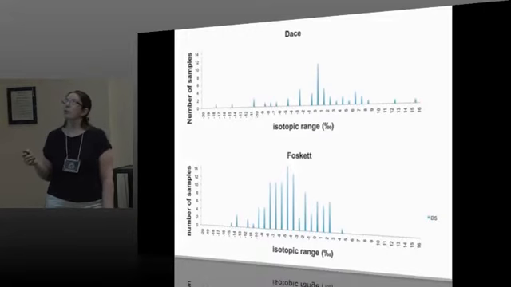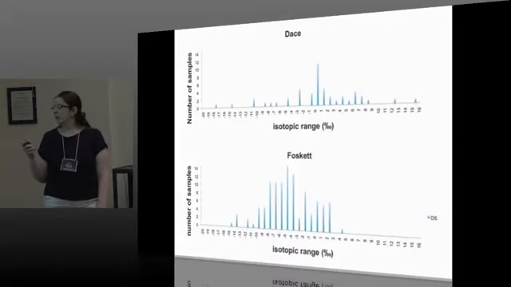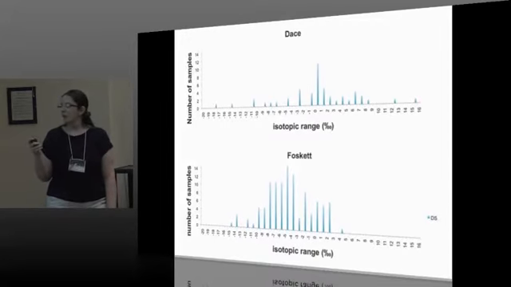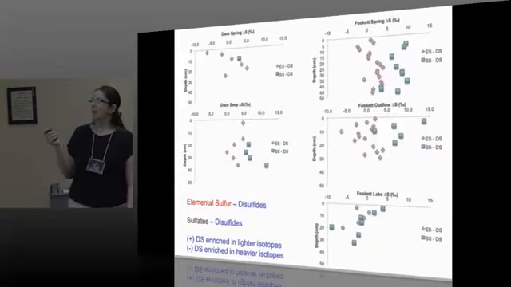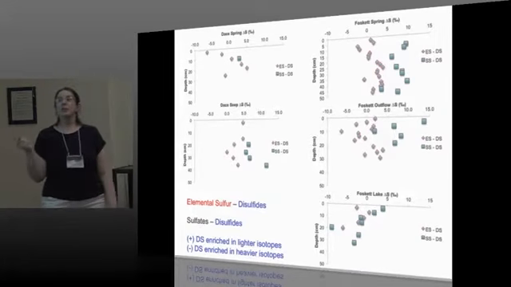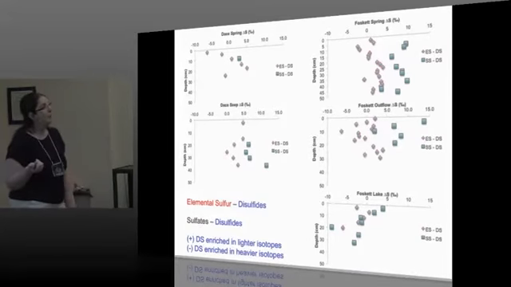This one is much broader, whereas this one has a narrower range of values. So we'll have to do some statistics on that.